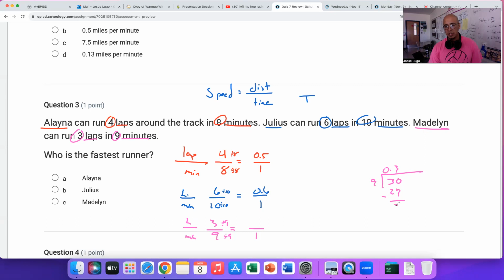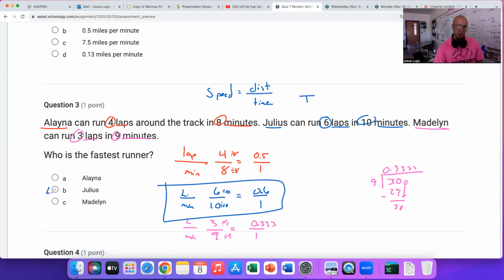We have a remainder of 3. So it's going to go on forever. I can already tell, it's going to be 0.3333333. So if I just compare the tenths place, guys, this has a 5, this has a 6, this has a 3. The fastest one seems to be Julius. So the answer would be B.